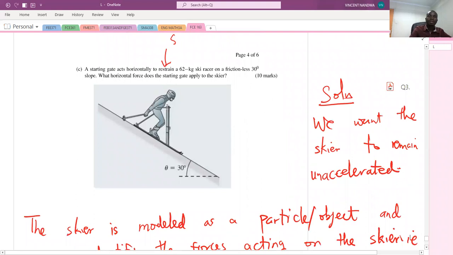First force is the restraining force due to the gate. Second force is the weight of the skier himself. And then the third force is the normal reaction acting on the skier with respect to this slope.